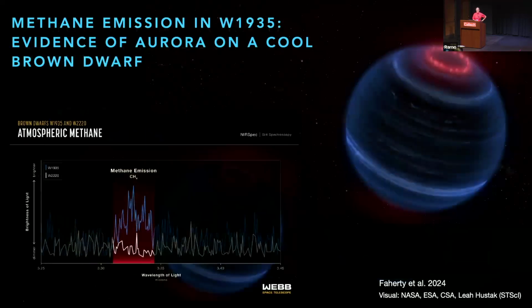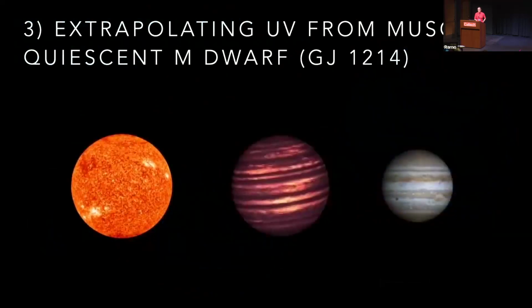And also noting that Jackie Faherty found on a cool brown dwarf methane emission, which is possible evidence of aurora on a brown dwarf, last year. And a third UV model we looked at was extrapolating UV from one of the most quiescent M stars, GJ 1214.